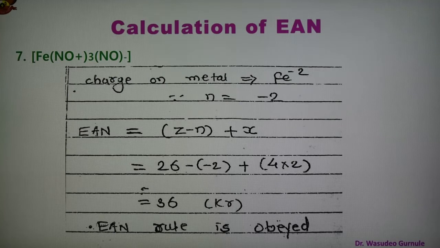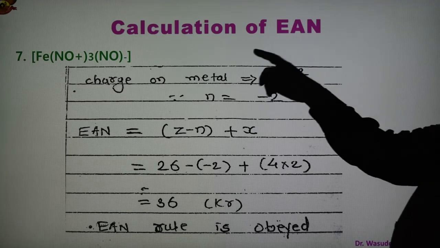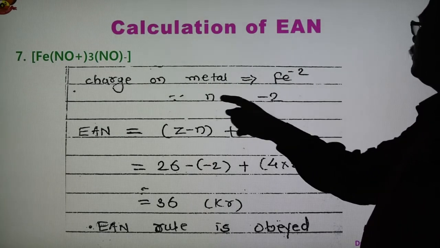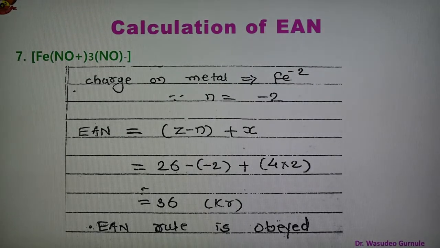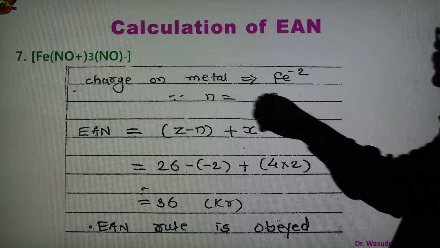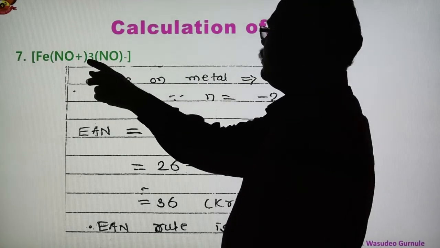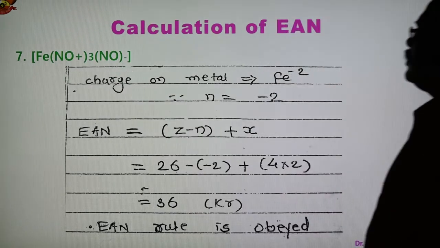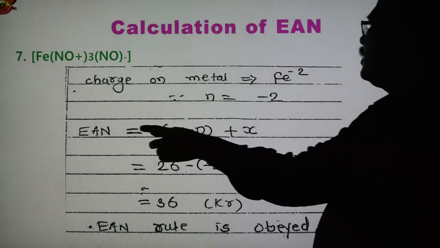So the charge on the metal Fe is -2, therefore N equals -2, because here these are 3 plus and 1 minus, so +2, so -2 on the Fe.